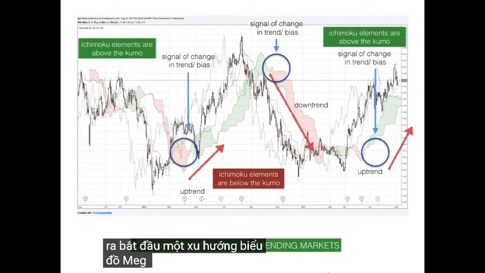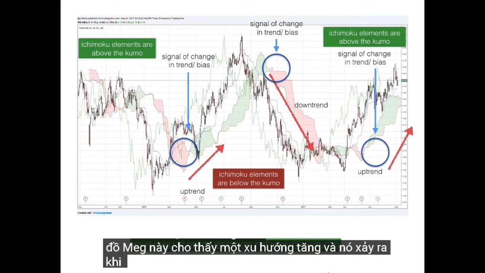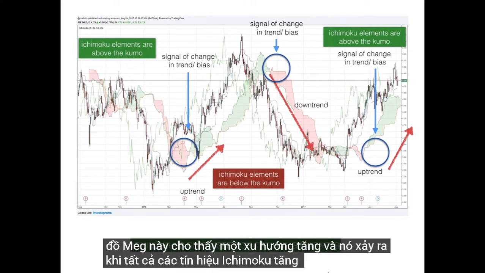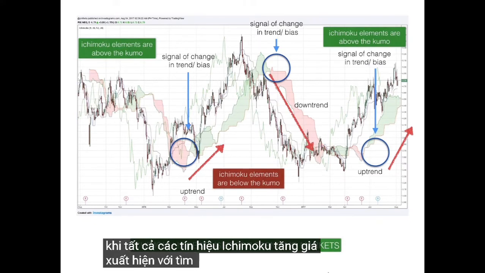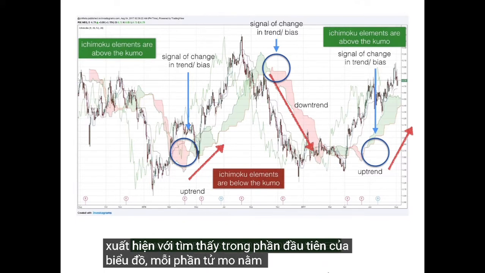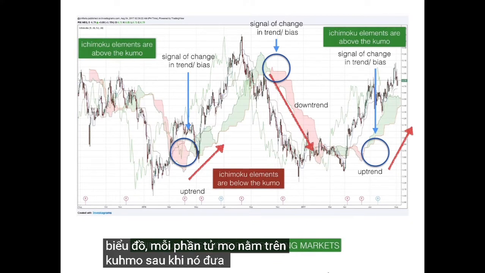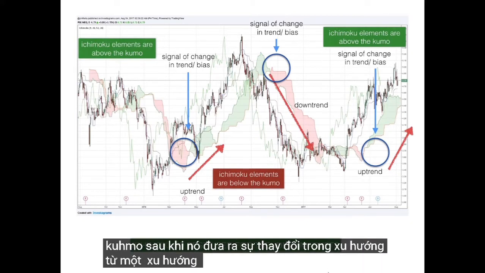This chart of MEG shows an uptrend, and it occurs once all bullish Ichimoku signals are present. You would find in the first part of the chart, Ichimoku elements are above the Kumo after it gave a change in trend from a downtrend to an uptrend.